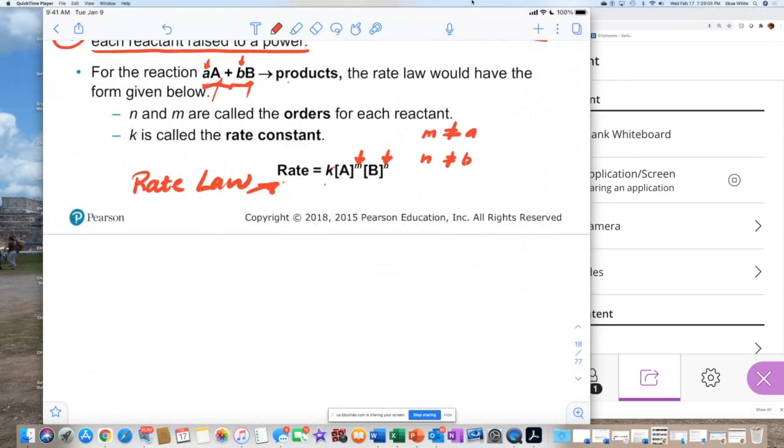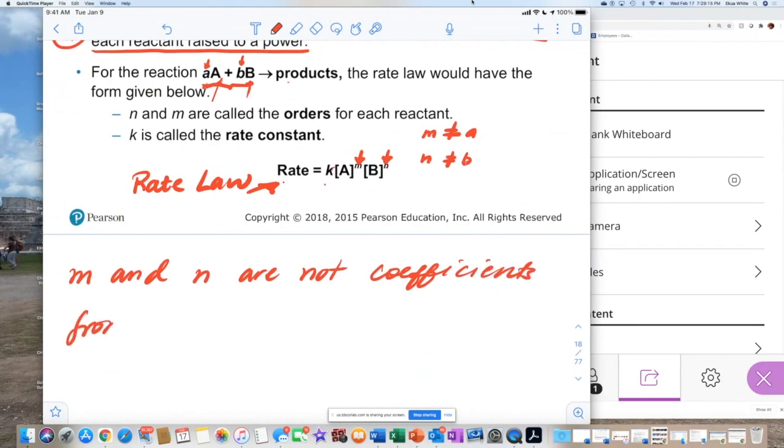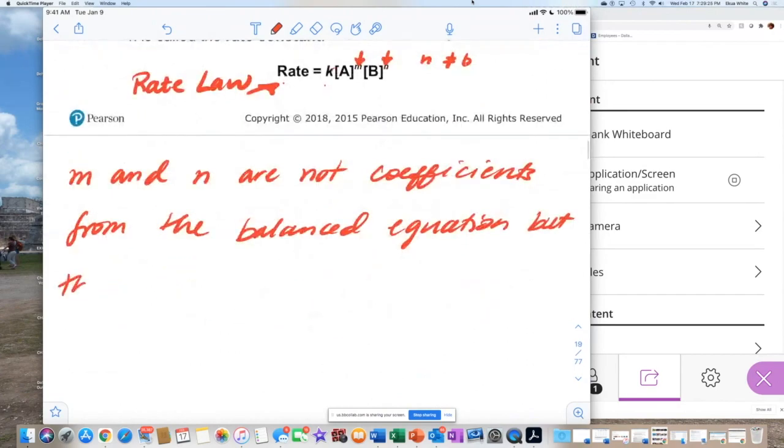Since M and N are not coefficients from the balanced equation, they are called order of reaction.